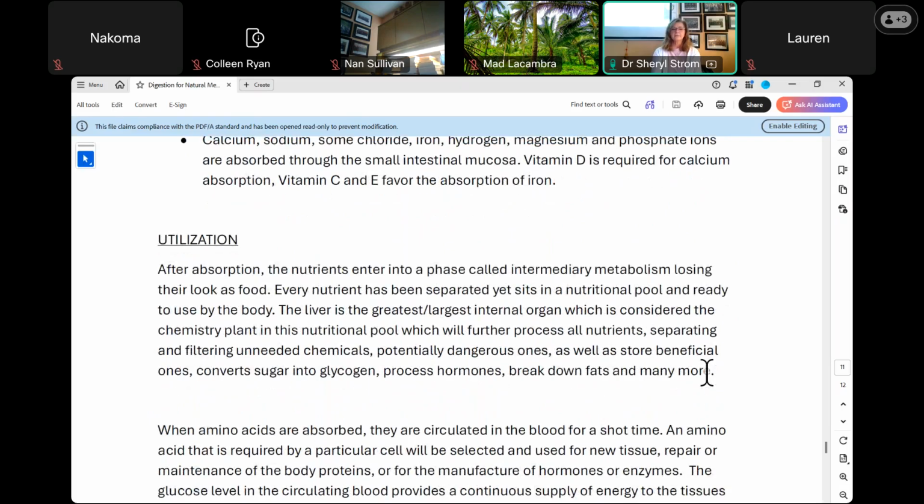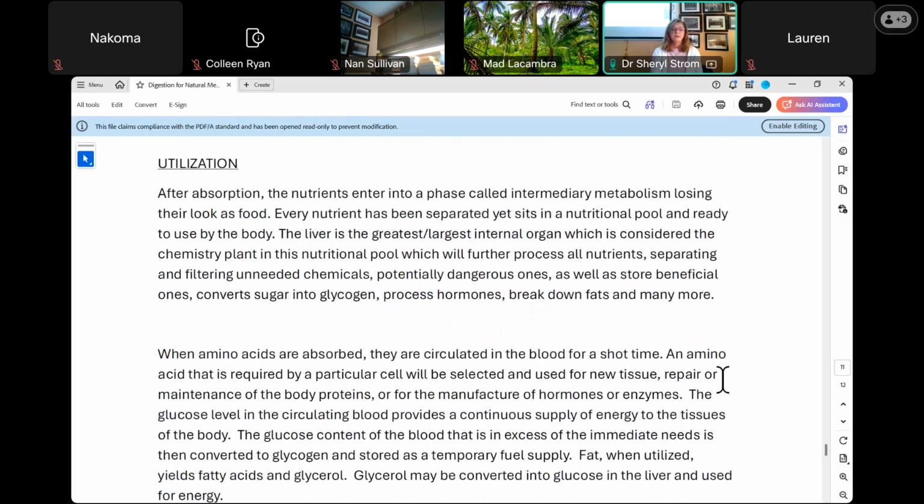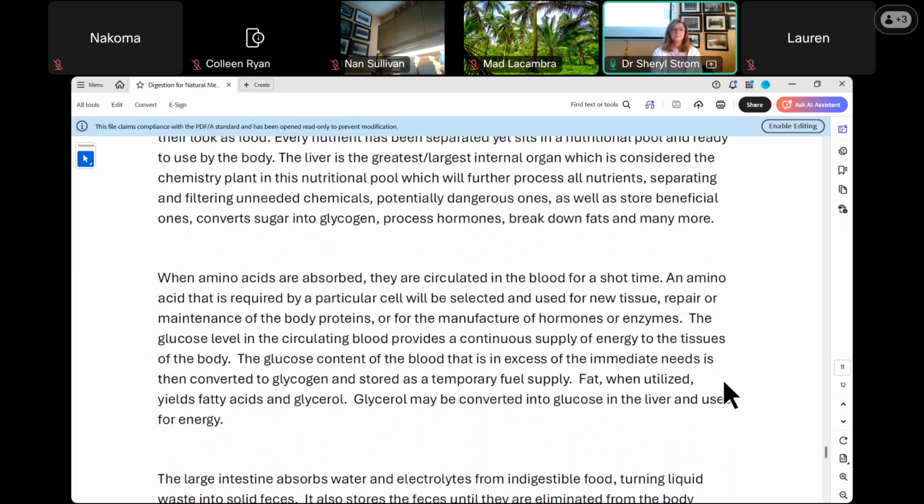The liver is the largest internal organ, which is considered the chemistry plant in this nutritional pool, which will further process all nutrients, separating and filtering unneeded chemicals, potentially dangerous ones, of course, as well as store beneficial ones, convert sugar into glycogen, process hormones, break down fats, and more. All right. When amino acids are absorbed, they are circulated into the blood for a short time.